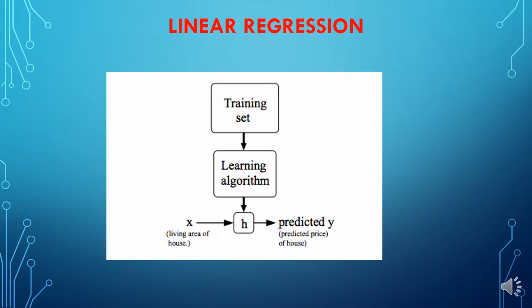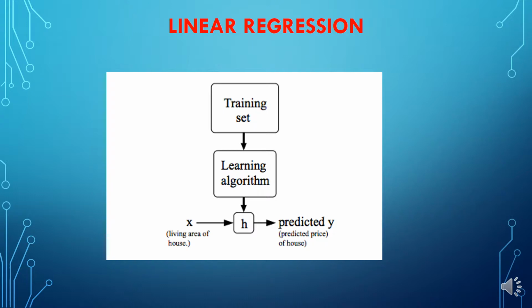Then the quantum of rain is y, the response variable, and the day is the independent variable x. So the training set consists of, in this case, two columns. The first column is the day, and the second column is the quantum of rain, maybe in millimeters or centimeters or inches.